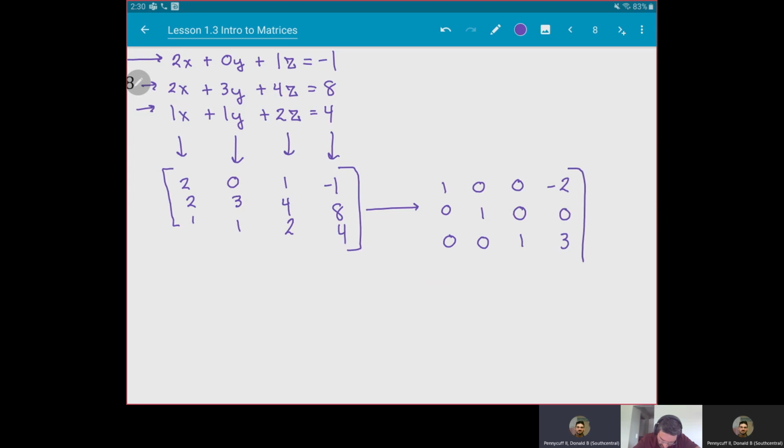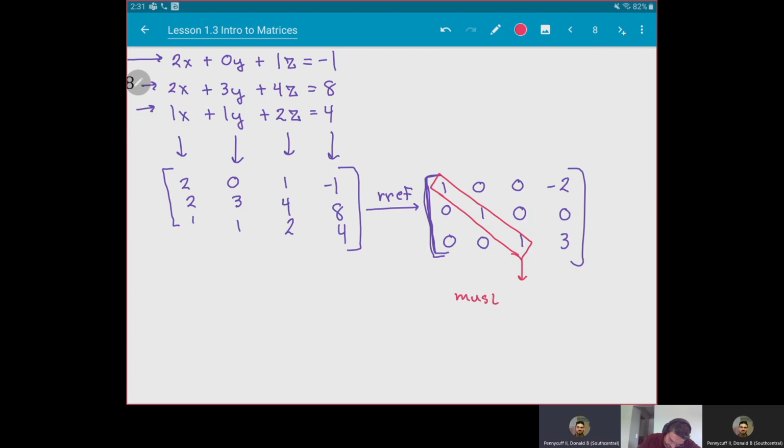Okay, so this is the result of RREF. Now, the first thing I want to talk to you guys about is how to know if it worked or not. The one downside about RREF is it doesn't tell you if something doesn't work. So here's how you can tell. If you have a diagonal row of ones and everything else is zeros, you're good.